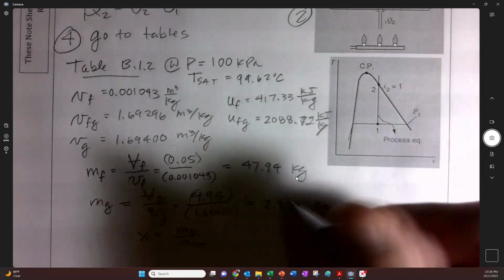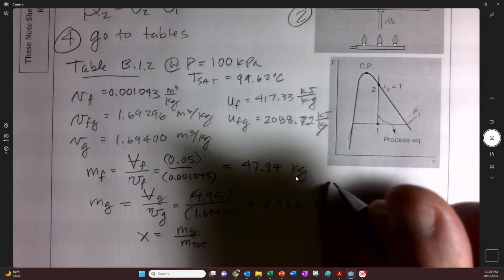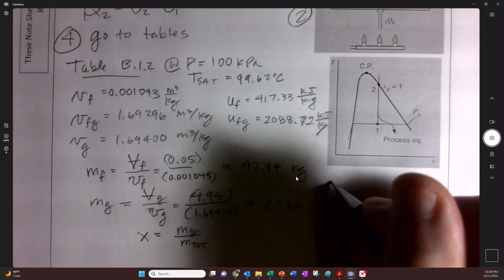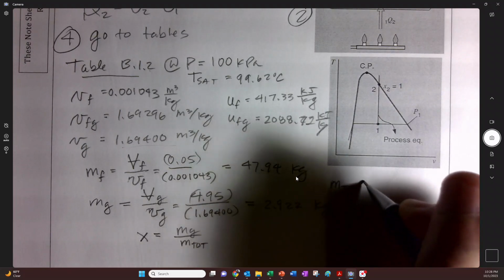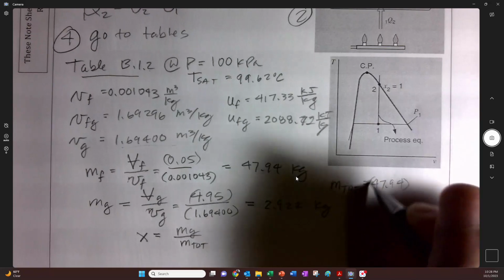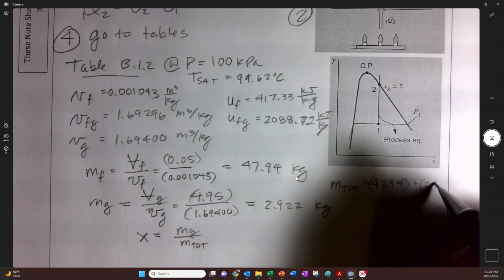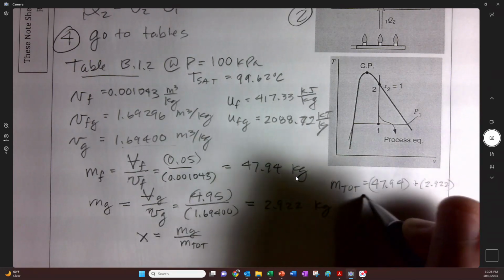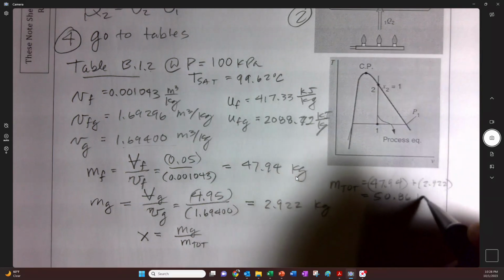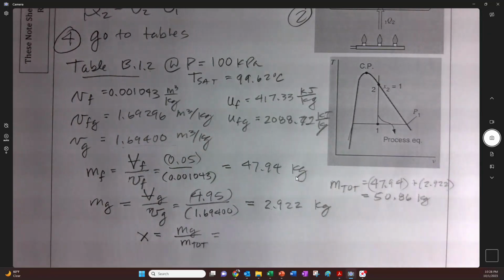Somewhere up here I should have written the total mass: M total is 47.94 plus 2.922, which ends up being 50.86 kilograms.